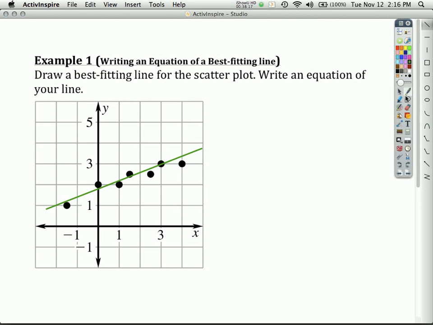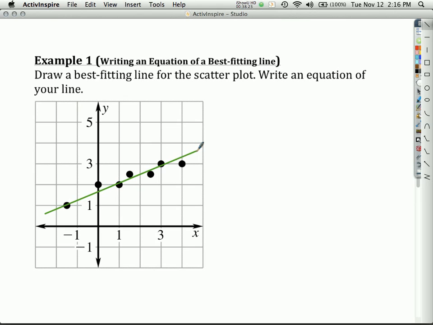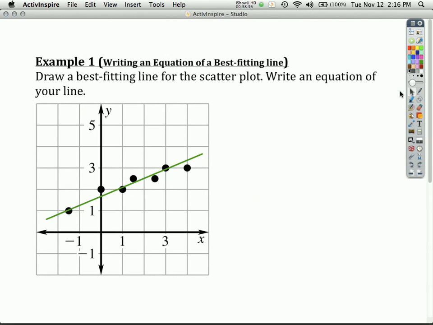Let me try one more time. So I've done a decent job.